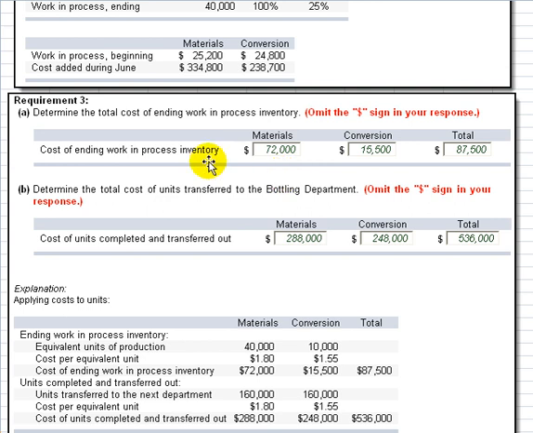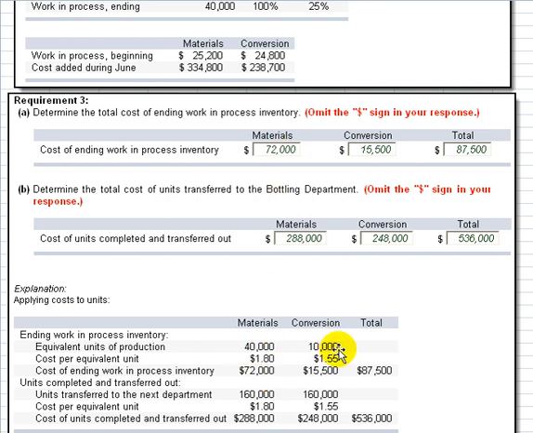The cost of ending work in process was $72,000 as to materials and $15,500 for conversion, for a total of $87,500. How did we come up with that? The ending work in process in terms of equivalent units was given as 40,000. They gave us that number right there. So 40,000 times the $1.80, which we calculated earlier as the cost per equivalent unit, comes out to $72,000, which is that value right there.